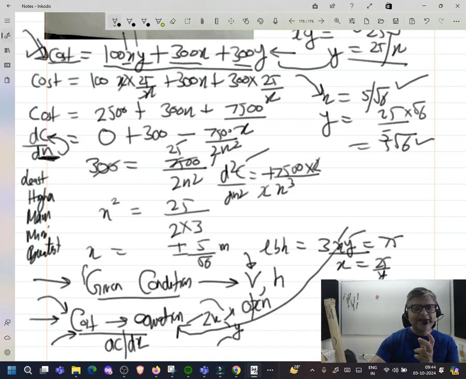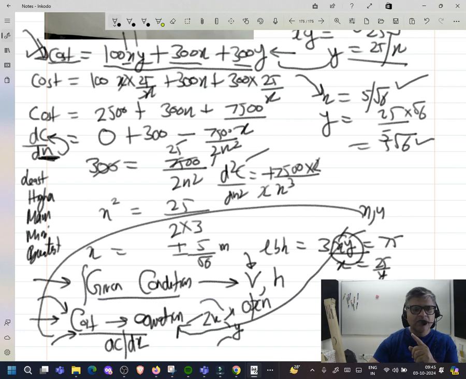There is a given condition in the question. You don't need to be scared of any maxima minima question. You just need to think about the given condition. Equation number one, that given condition will link the variables x and y, which are unknown. Use this given condition in what needs to be maximized or minimized. That quantity will also give you an equation in two variables, but you need one variable.